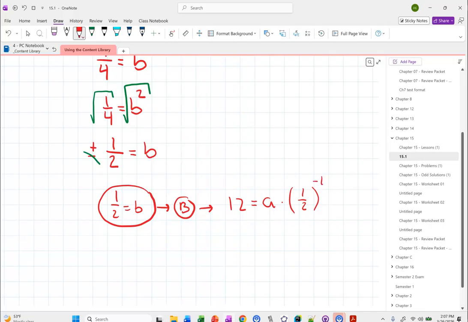Is everybody okay with how I plugged everything in? What's 1/2 to the -1? 2 is correct, Gabby. How'd you get 2?